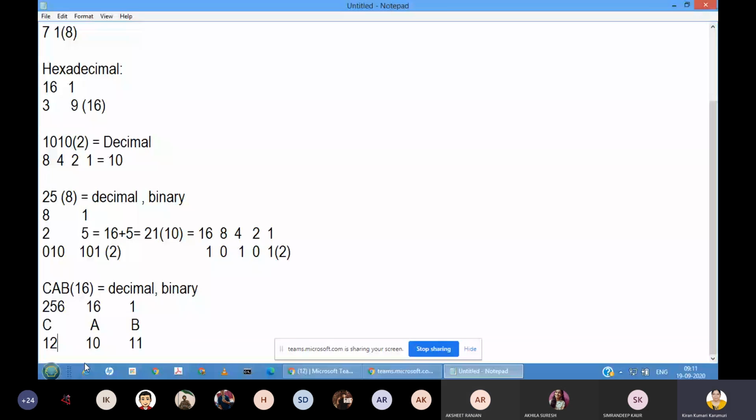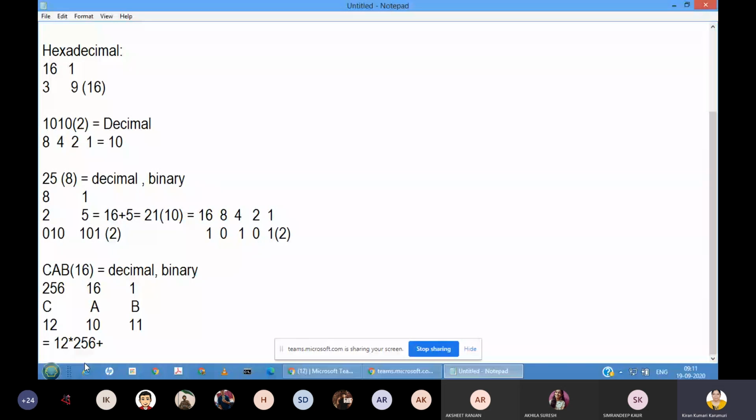So now, what are we supposed to do? 12 multiplied by 256 plus 16 multiplied by 10 plus 1 multiplied by 11.